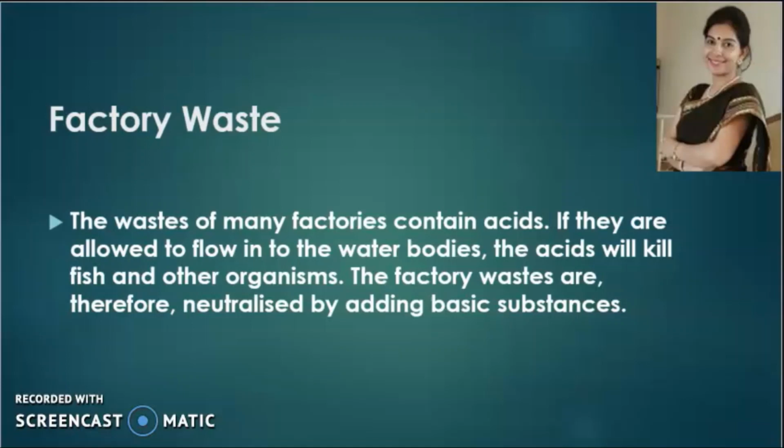If we allow this acidic factory waste into the water bodies, what will happen? It will kill the fishes and other organisms in the water bodies. So in order to save aquatic life, we can neutralize the effect of these acids by adding basic substances.